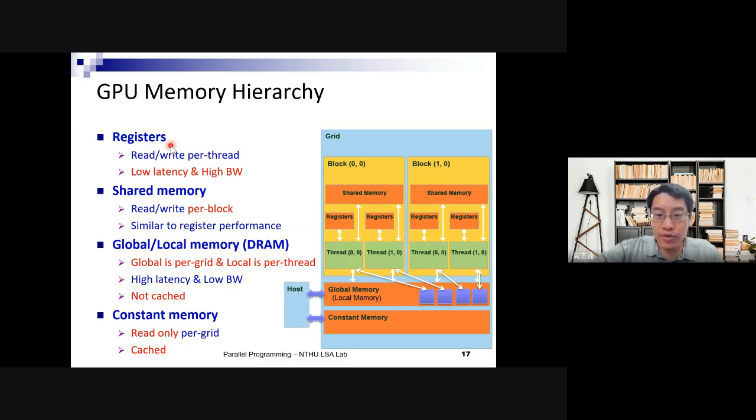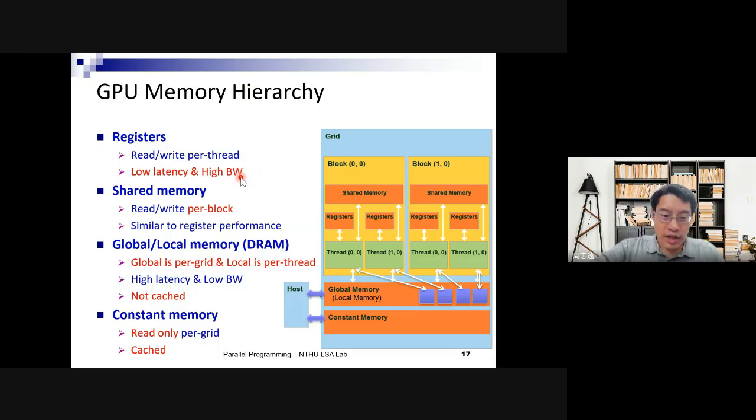So every thread running on the streaming processor on GPU has its own register set, so they can context switch very quickly. The register is implemented as an on-chip memory to the streaming processor, so it's very close to the processor. That's why it has low latency and high bandwidth. Basically, the fastest memory access you can have on GPU.